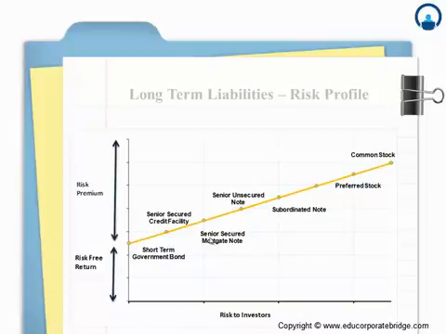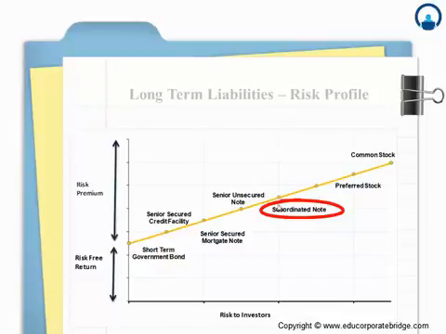Then next in line is the senior secured mortgage note. So these are not related to the credit facility, and these have slightly higher risk than compared to the senior secured credit facility. Next comes the senior unsecured notes. So unsecured notes are not backed by any collateral or mortgage, but because of the seniority here, it is less in risk as compared to the subordinate note.